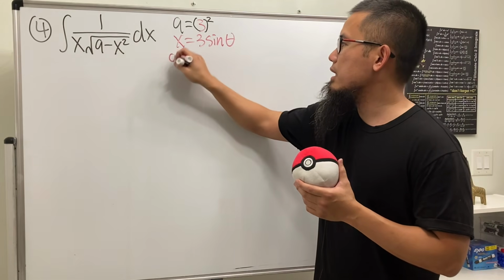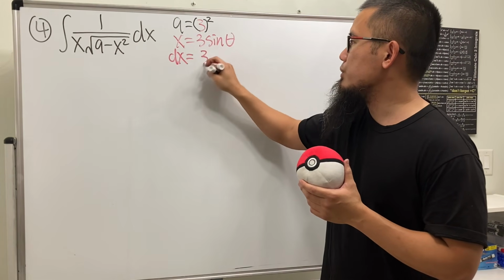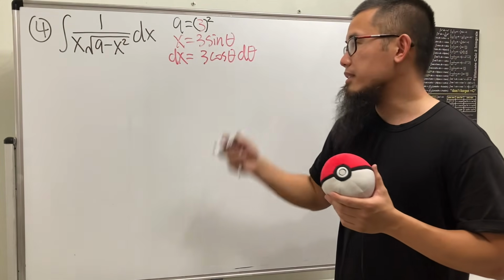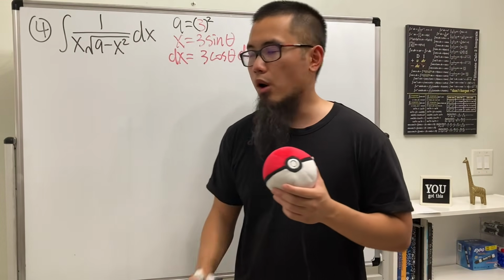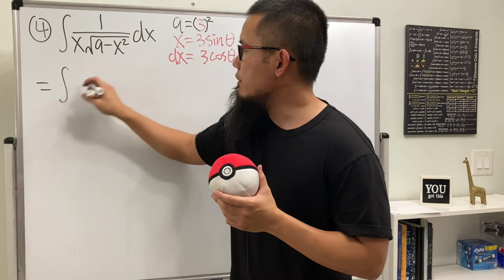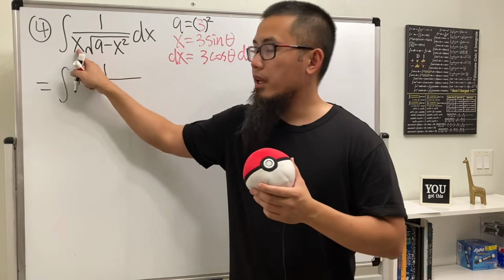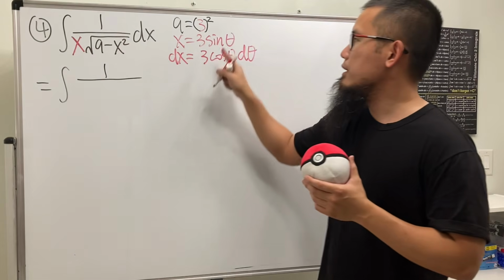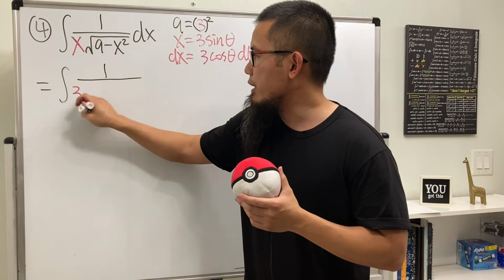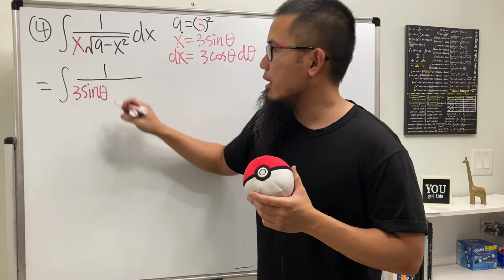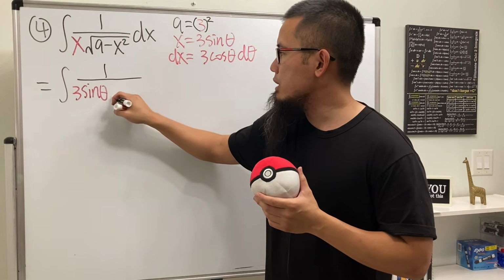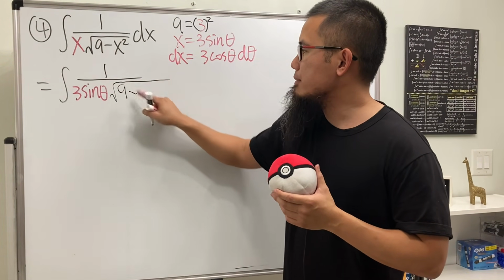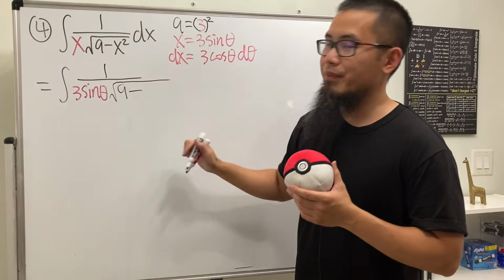the usual business. dx is just going to be 3 cosine theta d theta. And again, take this integral to the theta world. We are looking at the integral of 1 over, here we have this x right here, which is 3 sine theta, so we have to put that down. And then we have the square root of 9 minus, oops, didn't write it well.